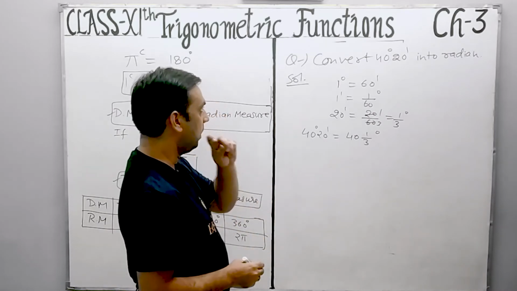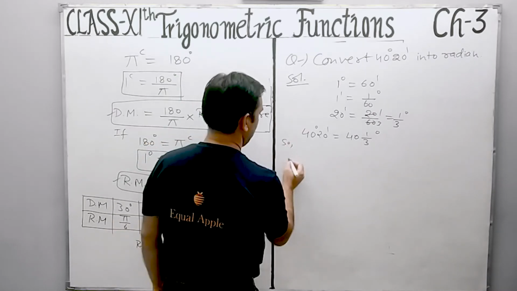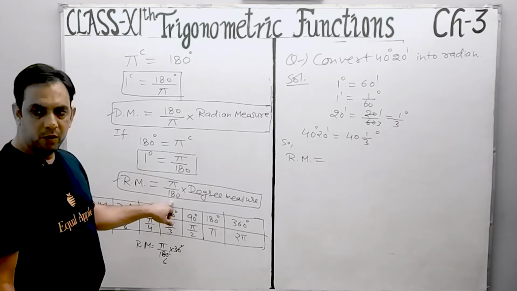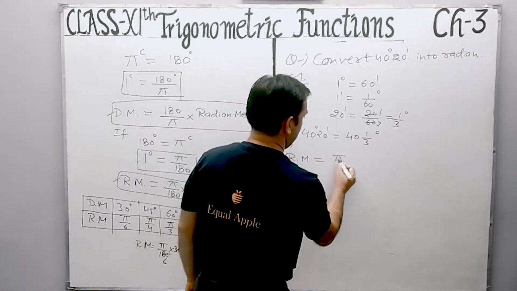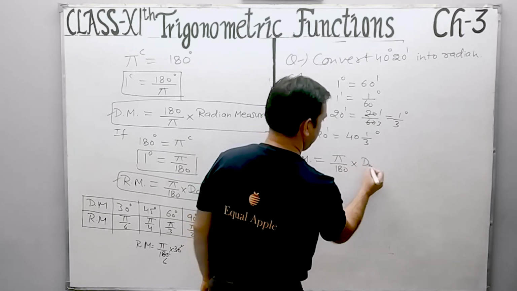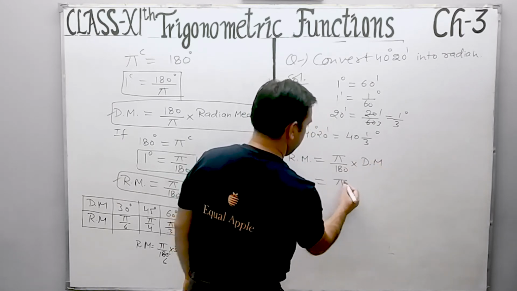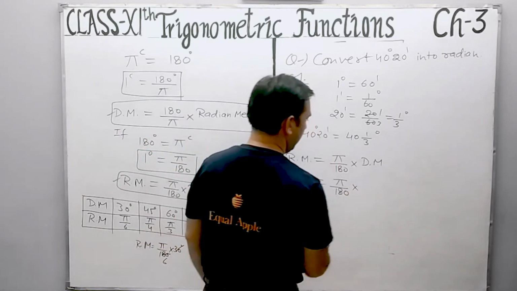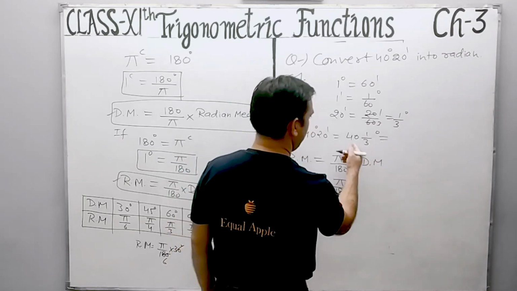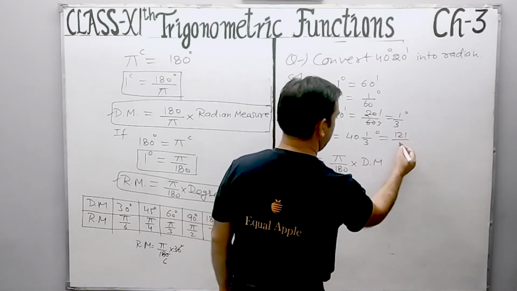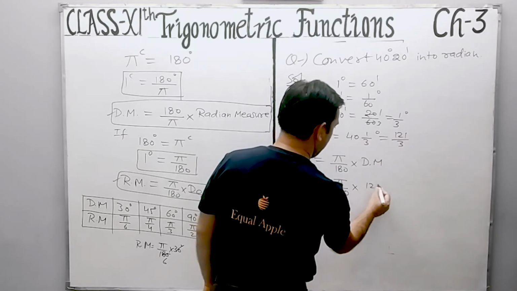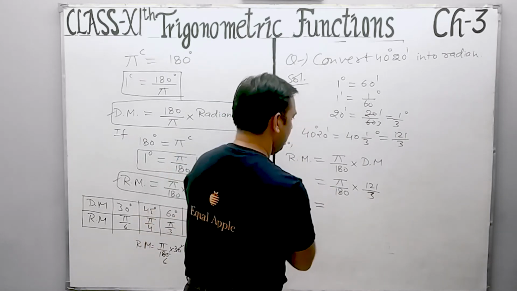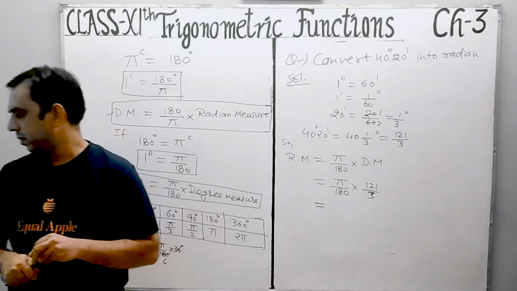Now we can use the formula of radian measure. We are well aware that the formula of radian measure is pi upon 180 into degree measure. So you can write it here like pi upon 180 into degree measure, which is 40 and 1 by 3, that is 121 upon 3, and here you can write the value of pi.